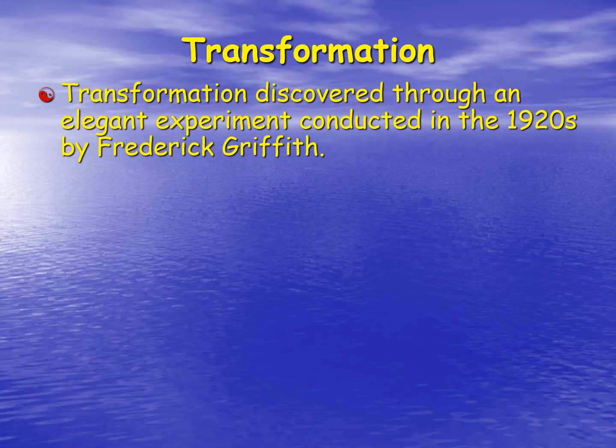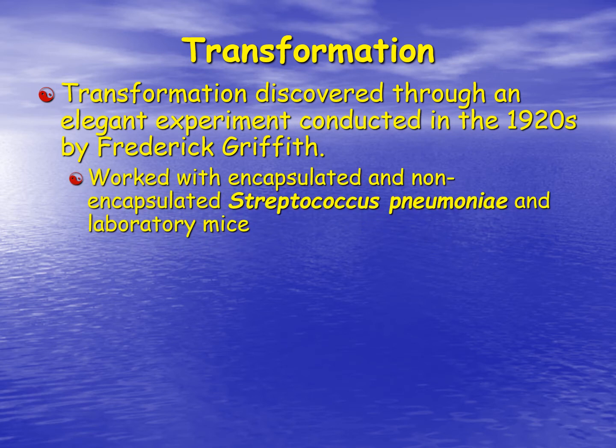And transformation was actually discovered in the 1920s in an elegant experiment by Frederick Griffith. He worked with two forms of Streptococcus pneumoniae, and we still have these two forms today. There's an encapsulated form, which, remember, I said the capsule was kind of like a cloaking device for the immune system, and non-encapsulated Streptococcus pneumoniae.